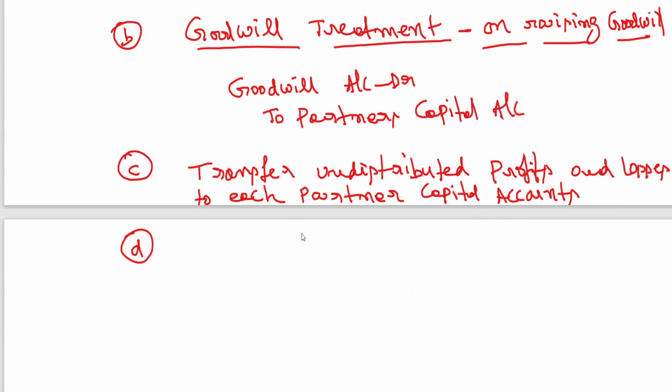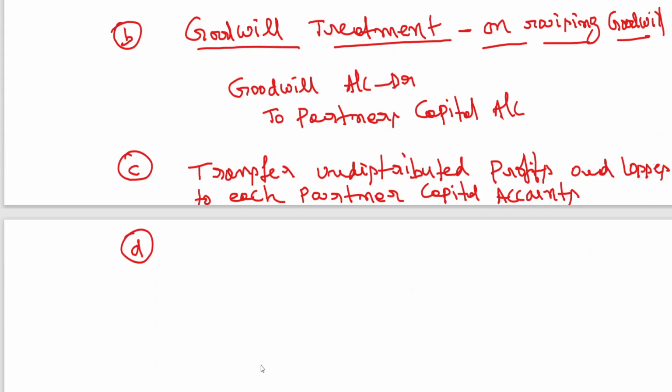Then the fourth point. Sometimes what happens is that partnership firms like AB partnership firm and CD partnership firm don't want to carry some of the assets to the new firm. When they have decided to merge, they may decide that these assets are not required, or some of the partners of the firm don't want to transfer some of the assets to the new firm, or whatever it may be, that we won't be knowing.